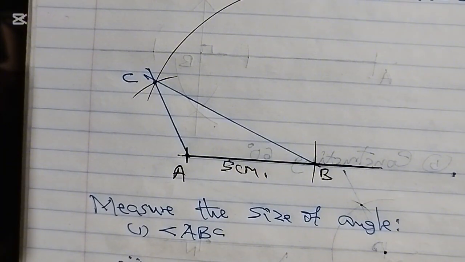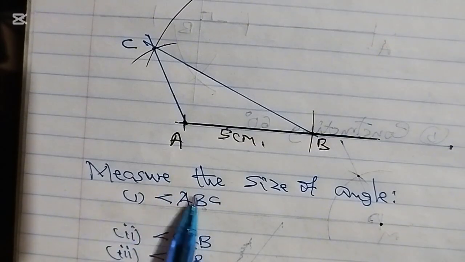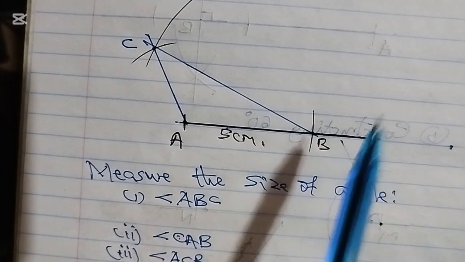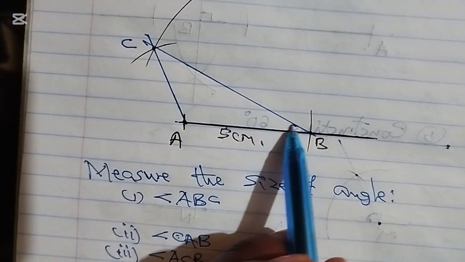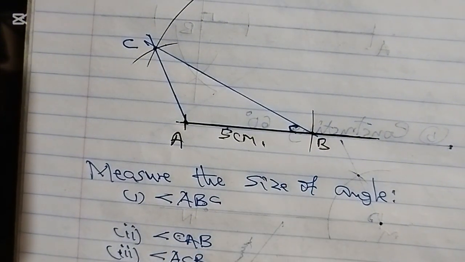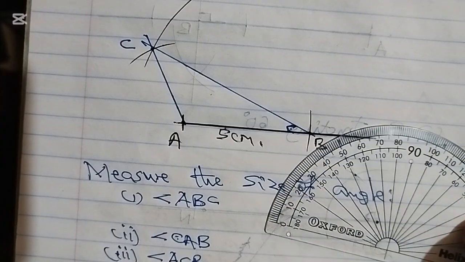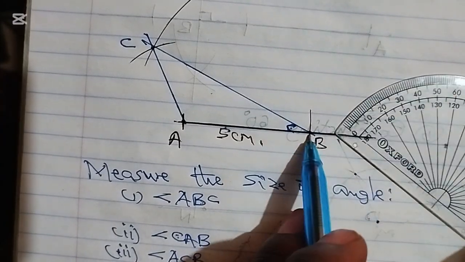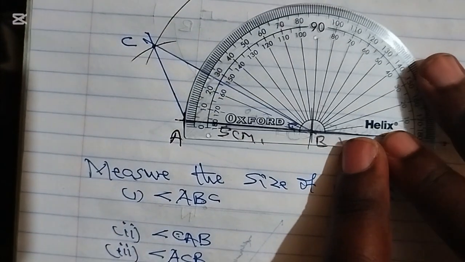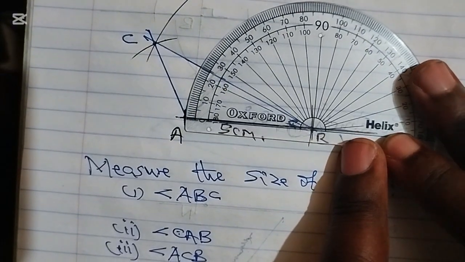When you've been told to measure the size of angle ABC, the middle letter is the point which you are going to measure. We are going to measure B. That middle letter between the 3 letters is the one we are going to consider. I'm going to take my protractor. Remember, we use a protractor to measure angles. Make sure the center of my protractor is at this point. I've shown you how to measure angles.